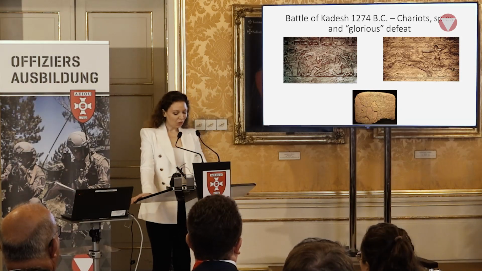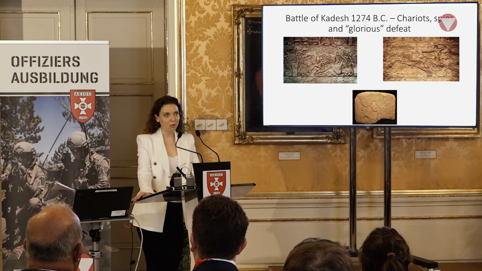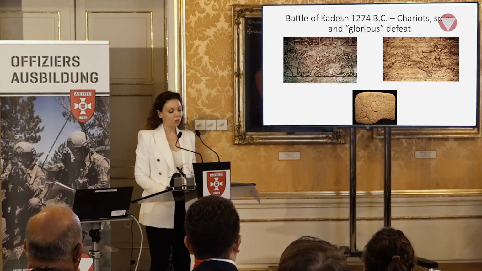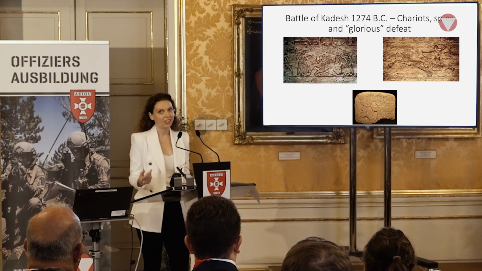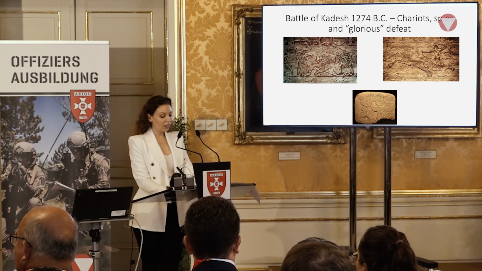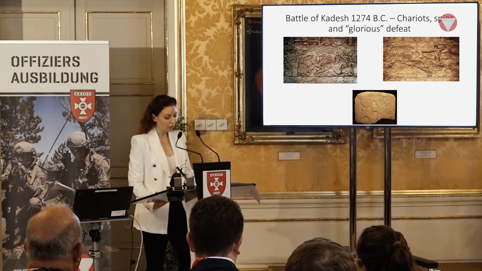We begin with the old Egyptian Empire, 19th dynasty, with Ramses II and an incredible defeat of a great power. The Egyptian army wanted to hit the Hittites. The Hittite Empire was located in what is now Anatolia, Lebanon, Syria, and Israel.